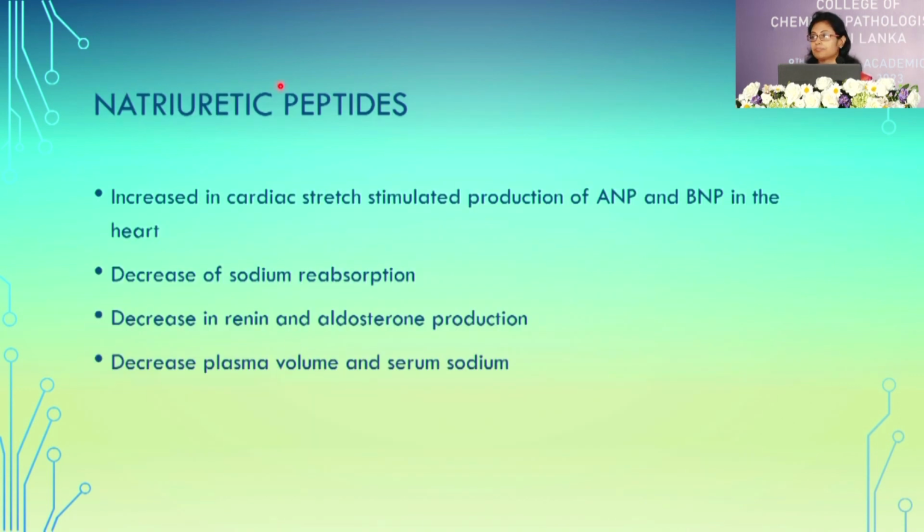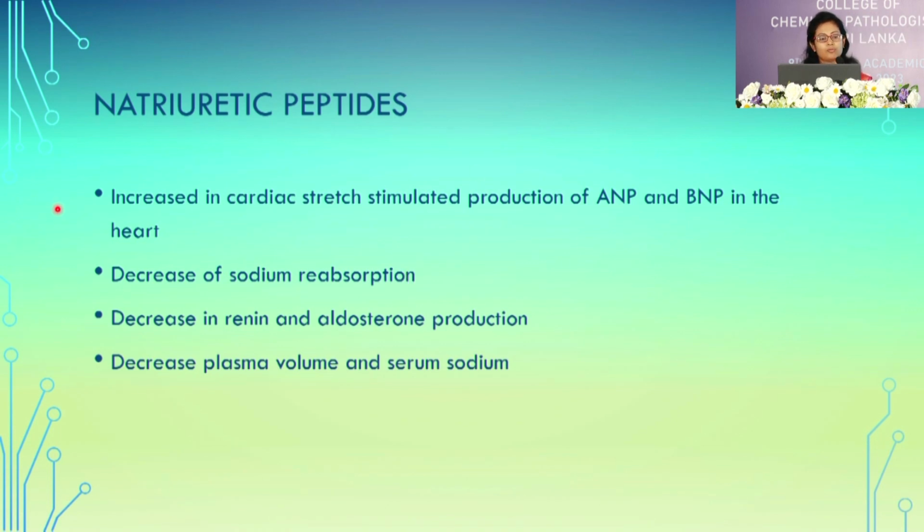So natriuretic peptides also play a role in sodium regulation, mostly sodium. Those are ANP and BNP, atrial natriuretic peptide and brain natriuretic peptide, produced in the heart in response to cardiac stretch.